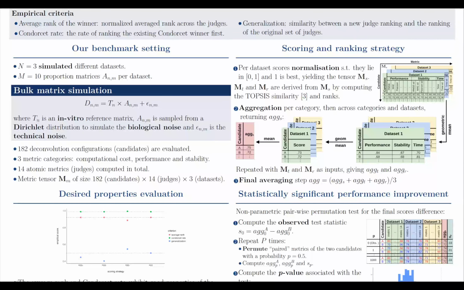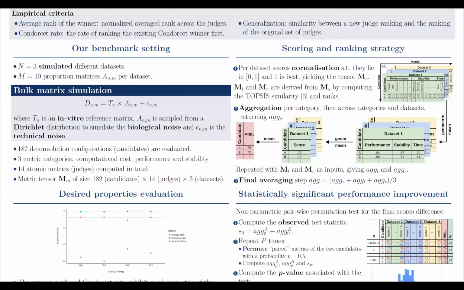For the benchmark, we simulated 3 datasets using 3 different in vitro reference matrices and sampling the proportion matrices from Dirichlet distributions. Around 180 deconvolution configurations are evaluated according to 3 categories of metrics: computational cost, performance, and stability, for a total of 14 metrics, giving a metric tensor M.